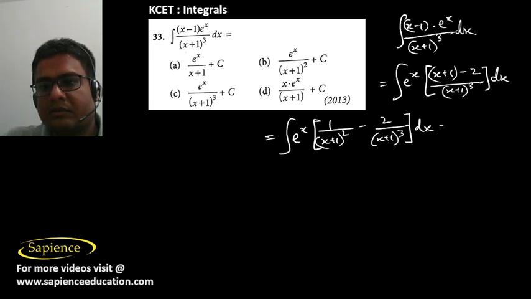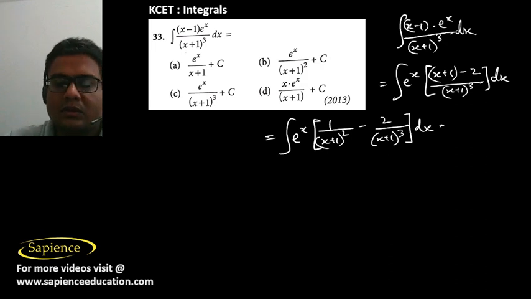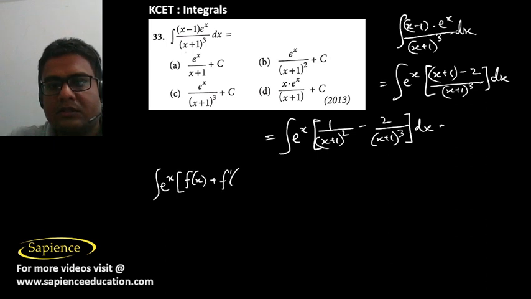Now we know that the integral of e power x into f of x plus f dash x dx is equal to e power x into f of x plus c.